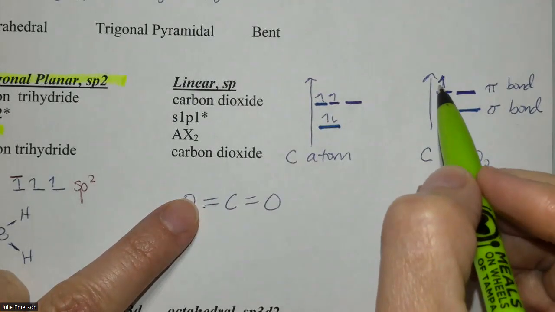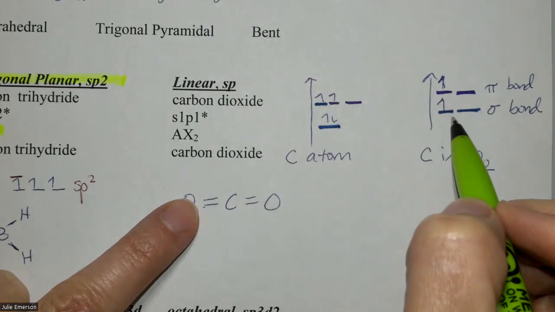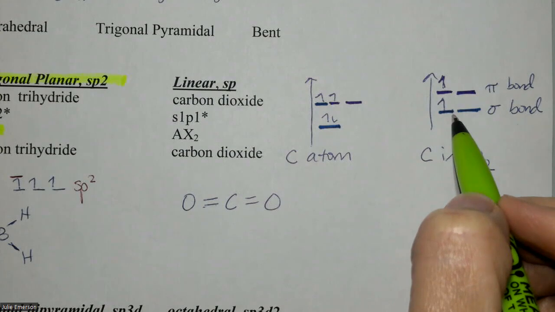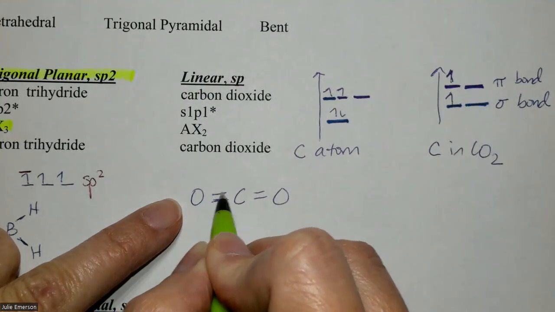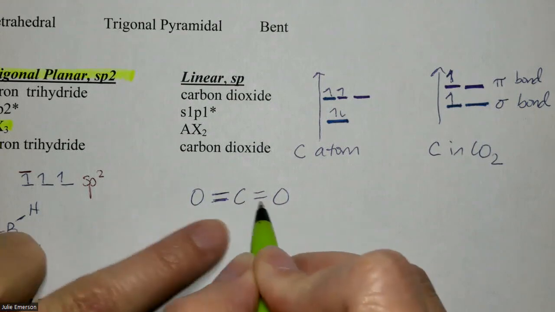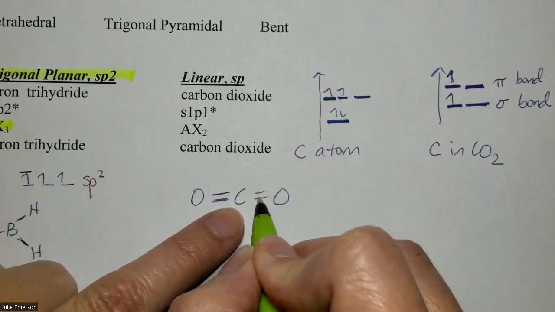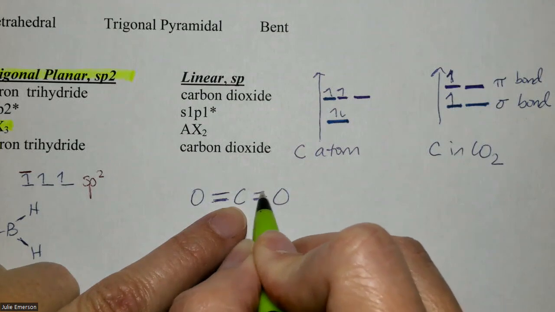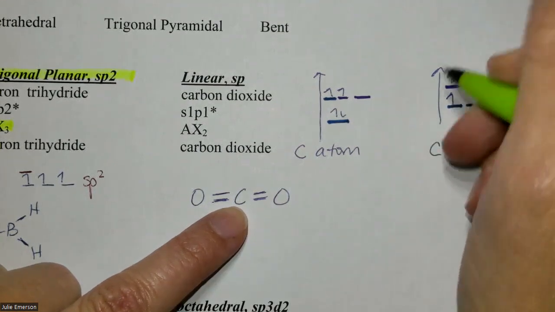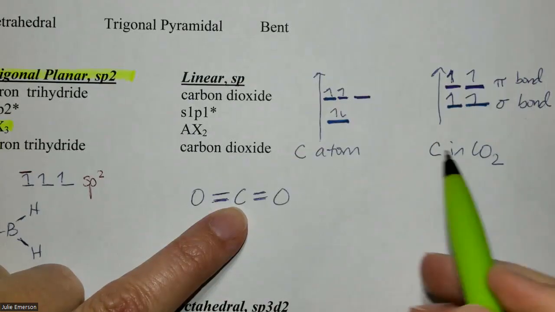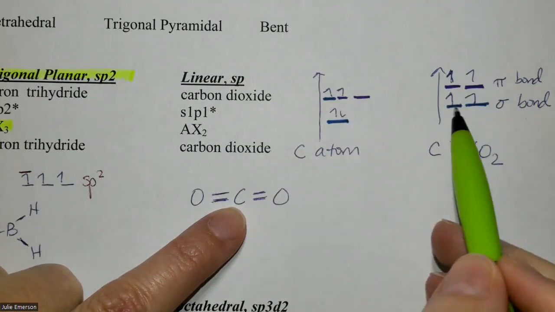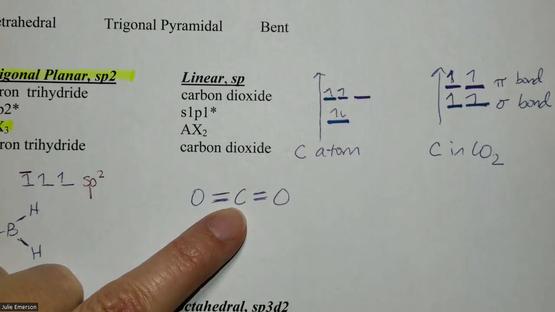A pi bond adds to a sigma bond. So you have to have a sigma bond first, right? So this right here is your sigma bond, and then we add to that a pi bond. But we had to do that again over here. So we have another sigma bond and then another pi bond. So that's where those 4 electrons go for carbon. We still have 1, 2, 3, 4 valence electrons.